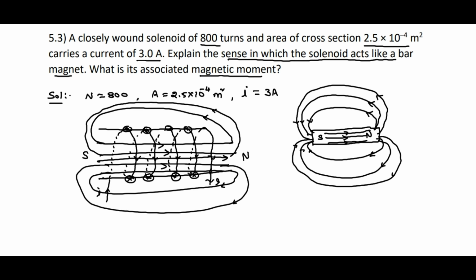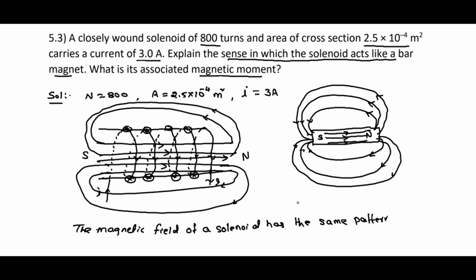If you observe these two diagrams clearly, the magnetic field of a solenoid has the same pattern as that of a bar magnet.